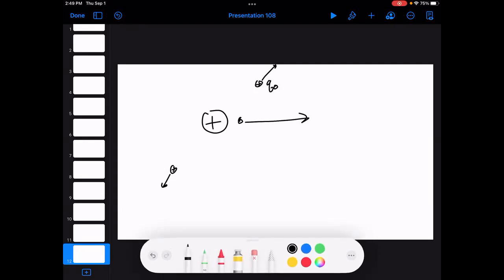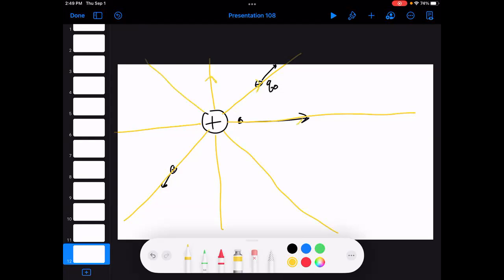And then you take that idea and formalize it into an all-over picture, where you have these lines where the direction of the lines tells you the direction a positive charge would feel, which means your field lines should go away from positive charges and towards negative charges. The density of the lines tells you how strong the field is. So when they're closer together, you get a stronger field. Further apart, you get a weaker field.